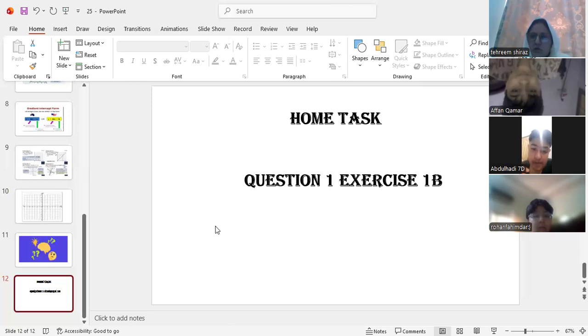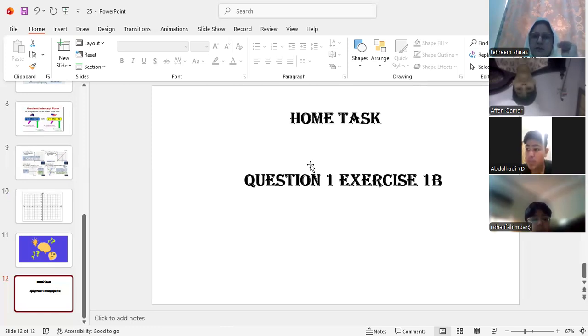Meanwhile, if you have some problem related to plotting the points on the graph, skip it. We will be doing it on Monday. But you have to find the values of y by putting the values of x. Clear?